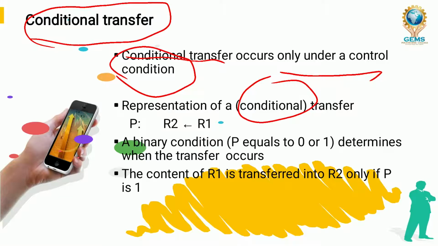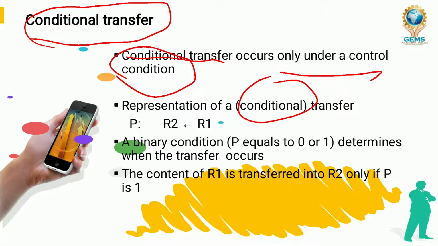So here P is there. P is the binary condition. A binary condition, P equal to 0 or 1. Here the binary condition is there, R2, R1.